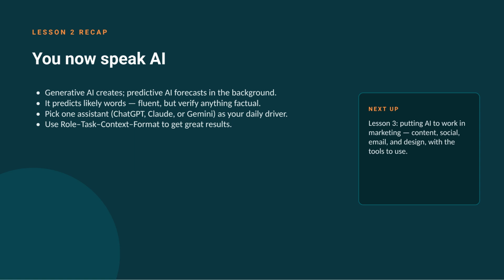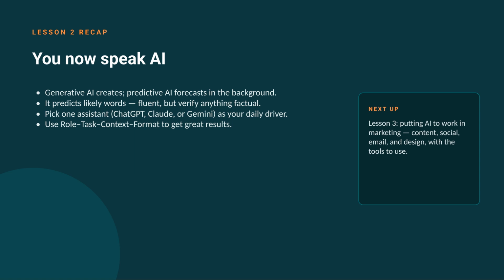Let's recap the foundations. There are 2 flavors of AI: generative, which creates content, and predictive, which forecasts patterns in the background. Generative tools work like a powerful autocomplete, so they're fluent, but you must verify anything factual to avoid hallucinations. Pick one assistant, ChatGPT, Claude, or Gemini, as your daily driver and learn it well.